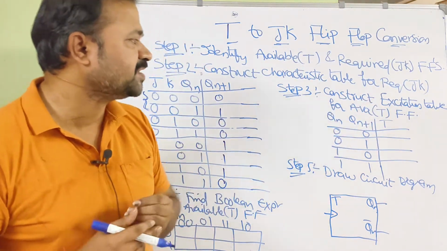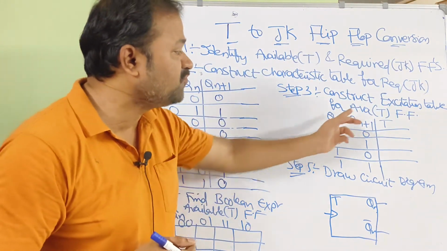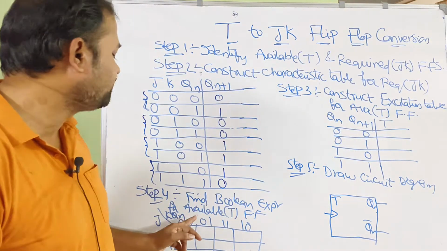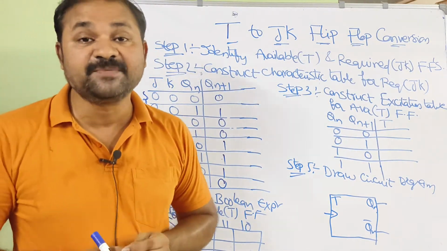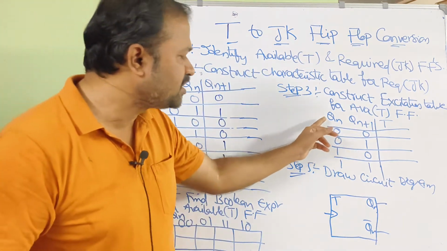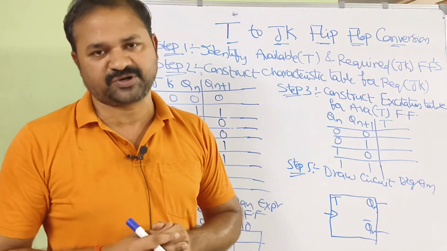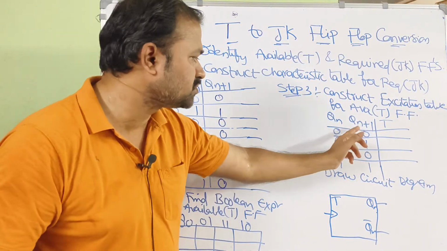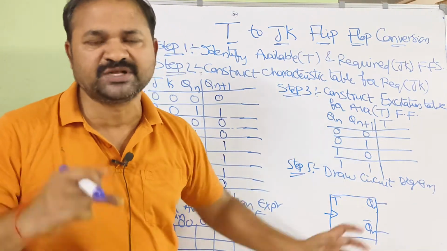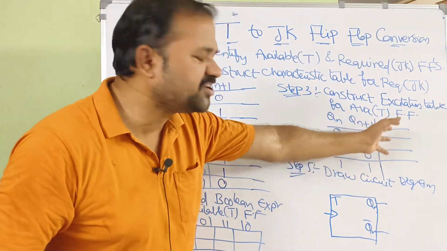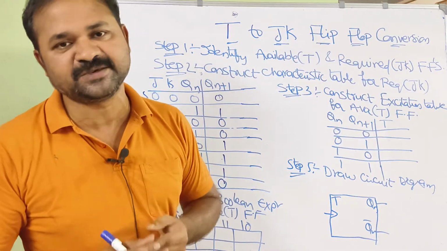Next step 3, construct the excitation table for the available flip-flop, that is T flip-flop. So step 3 and step 4 are based upon the available flip-flop. Here Qn and Qn plus 1 are the inputs, whereas T is the output. Here we have 2 inputs, so in total we will have 2 power 2, that is 4 combinations. The excitation table for the T flip-flop is very simple.